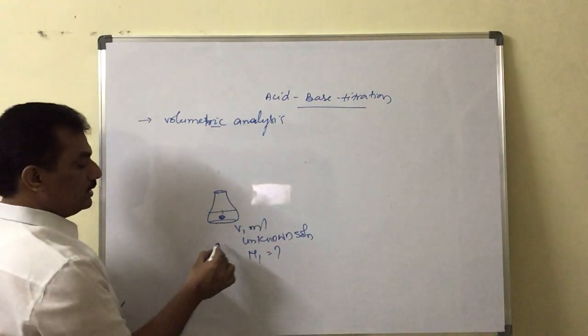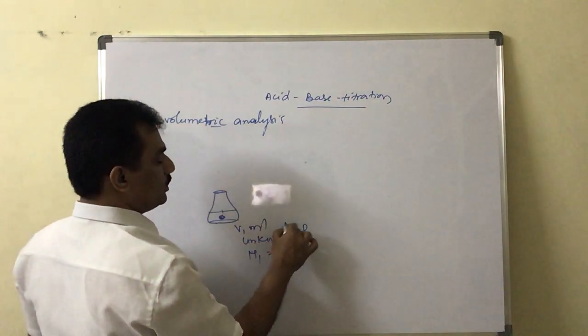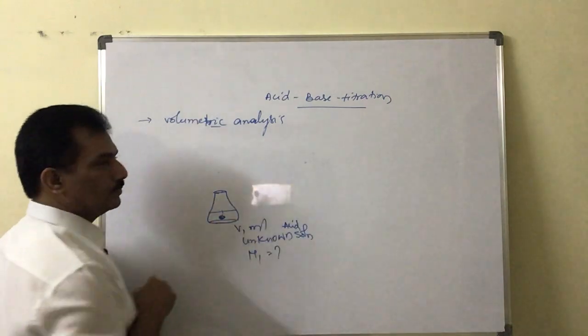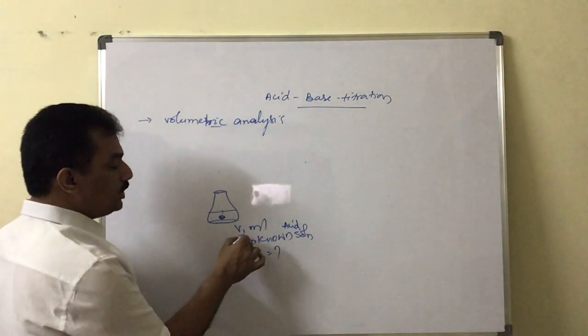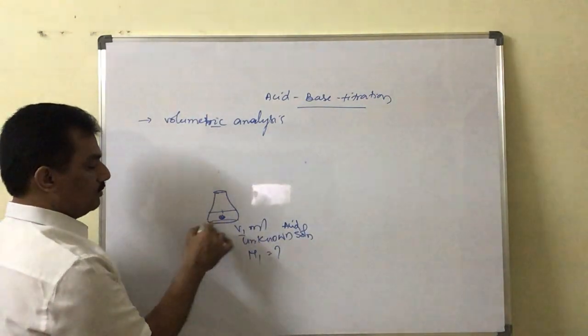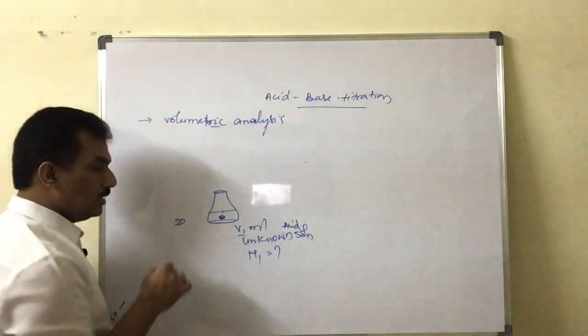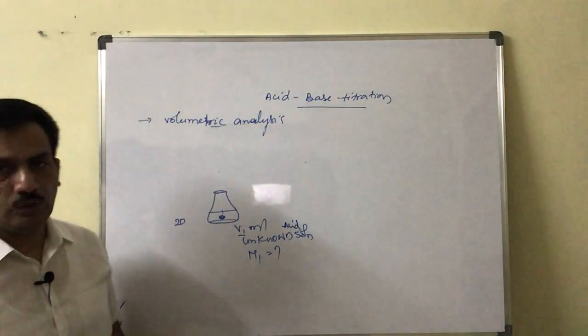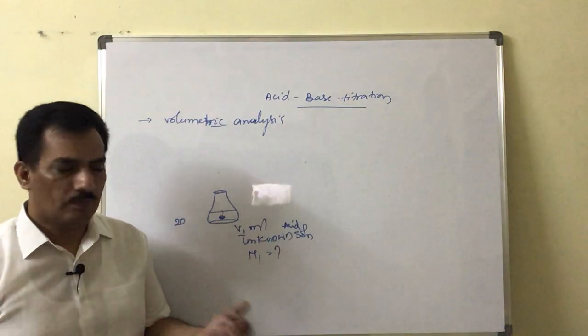Let us consider this is an unknown acid solution, and its volume we are taking as V1. For example, V1 may be 20 ml, 10 ml, 15 ml, like that. You can take whatever volume you require.